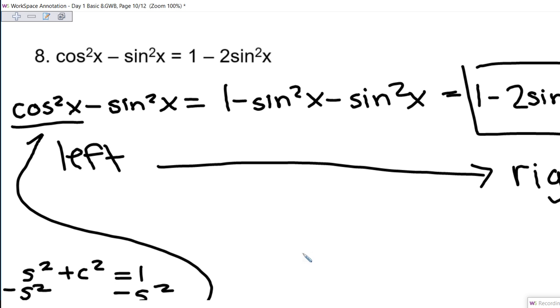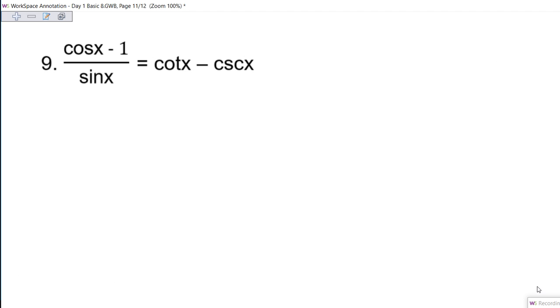Okay, 2 more problems. Next one, problem number 9. Again, we're starting with the left side: cosine of x minus 1 over sine of x. Start with the left to prove it equals the right.